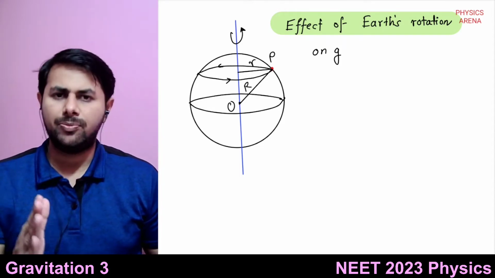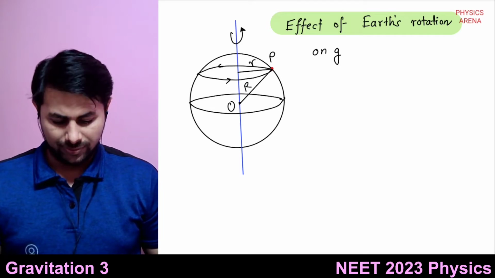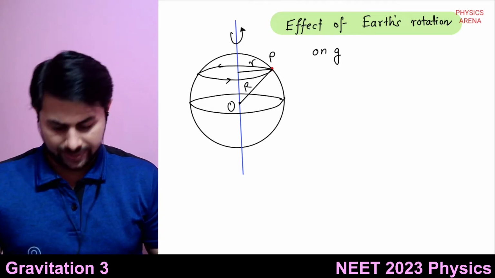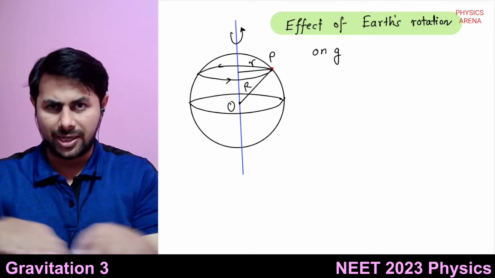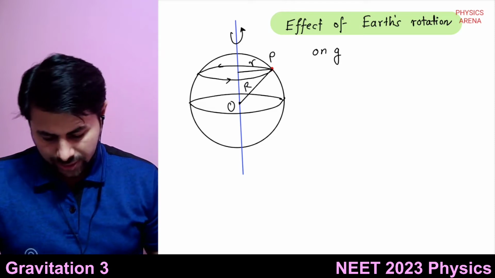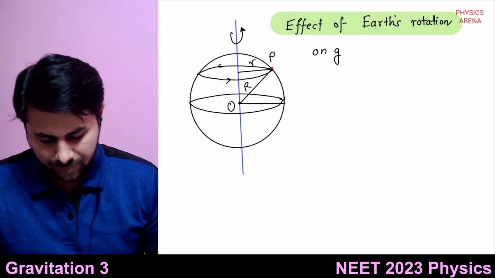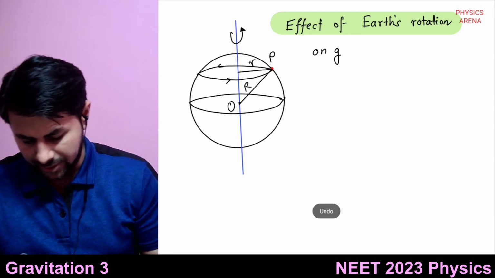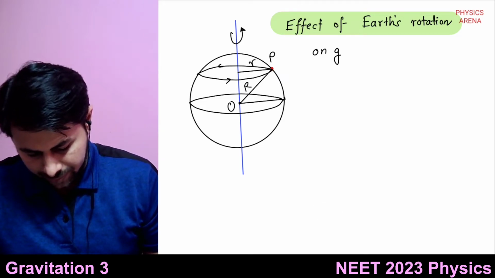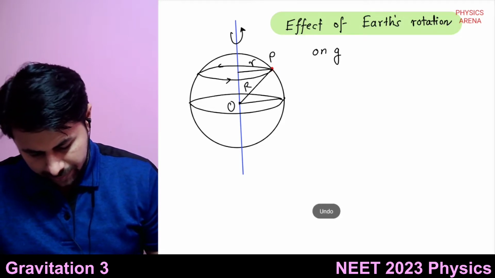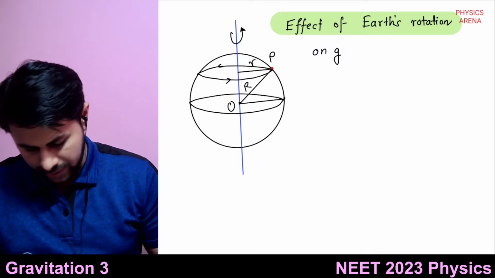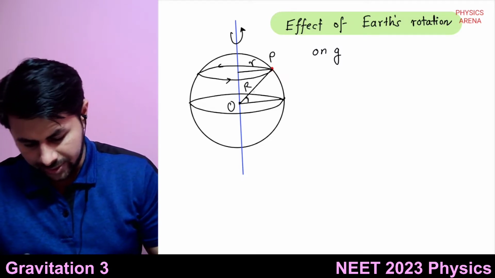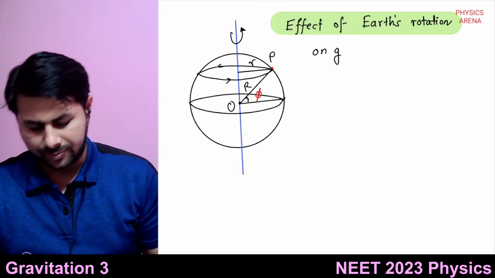And this is the position vector of this particle with respect to the center of the Earth. This position vector makes some angle with the equatorial plane. This angle is known as latitude, denoted by phi.